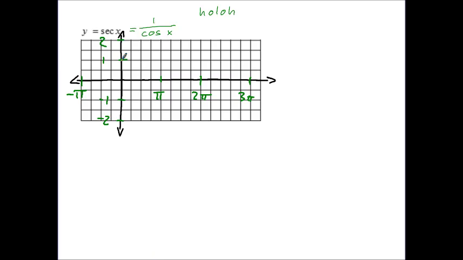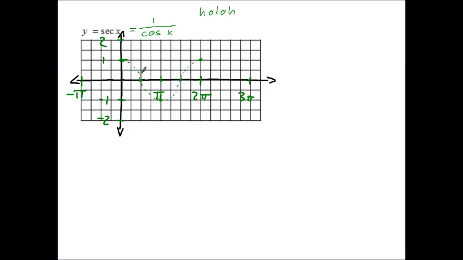Remember, holo, we start at our highest point, which is +1. Then we go to 0, go down to -1 at pi, go back to 0, and back to 1 at 2 pi when our period is completed. I'm going to do this as a dashed line again.